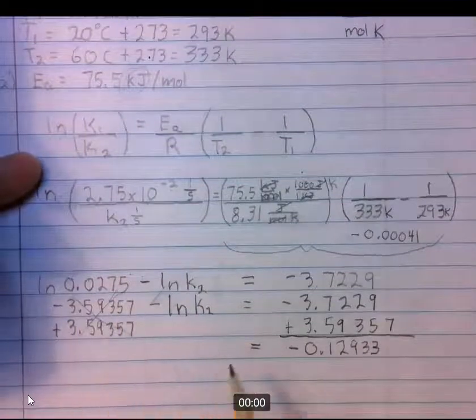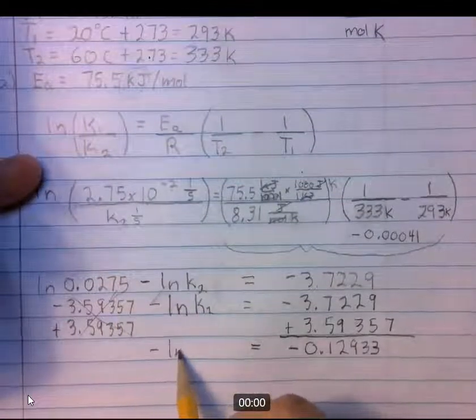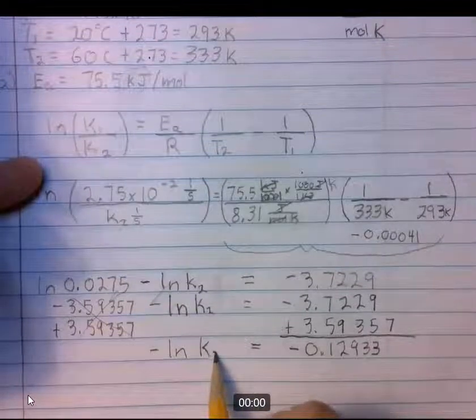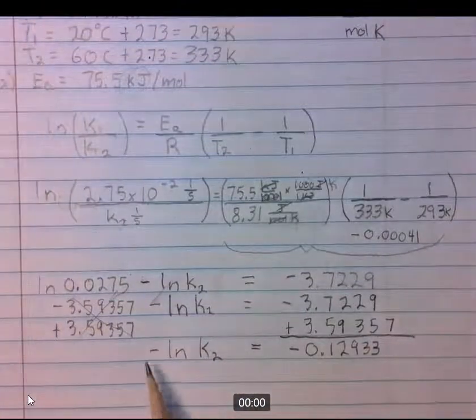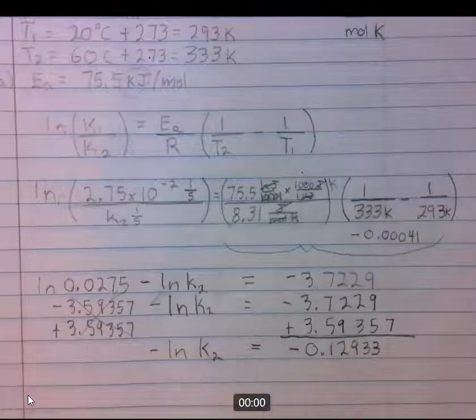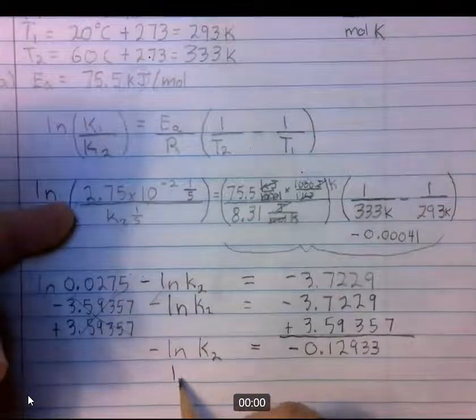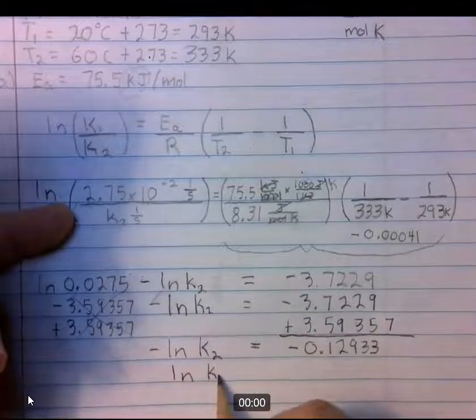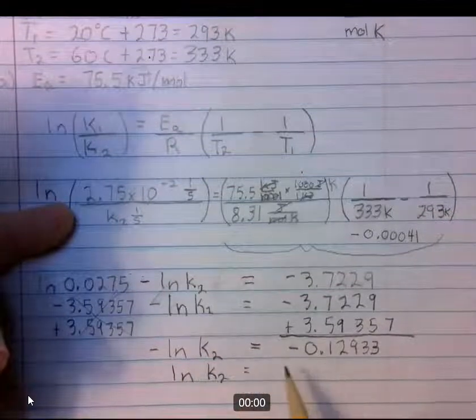This canceled out, so you have negative natural log of K2. And now you can just multiply through by -1, I think you can all see that, to make these positive. So that becomes natural log of K2 equals the positive of this.